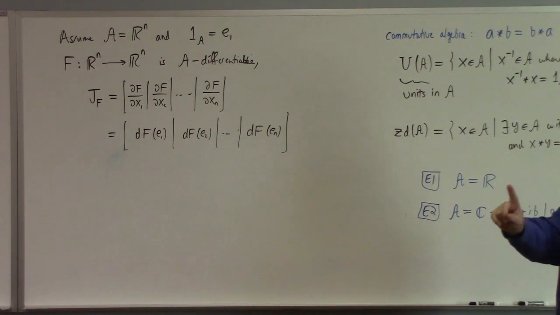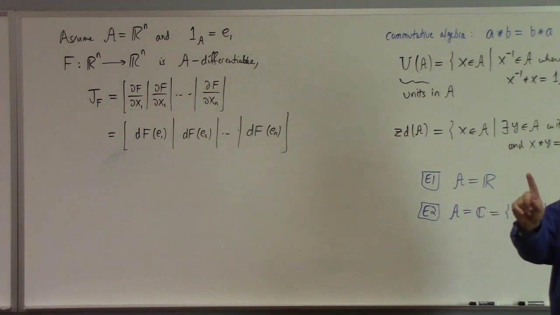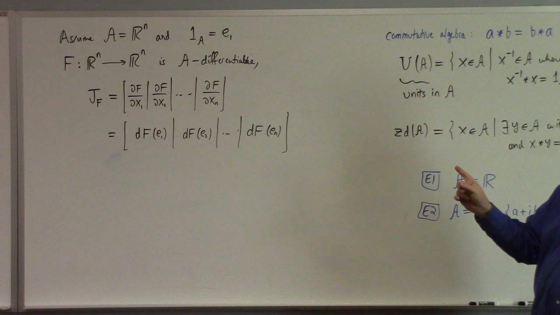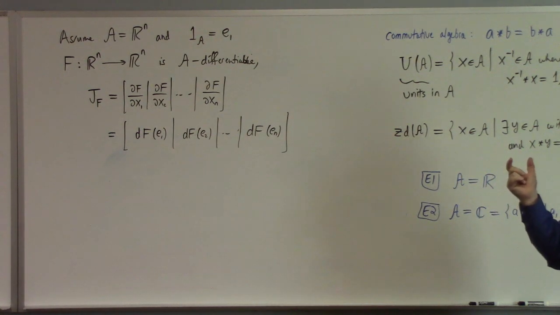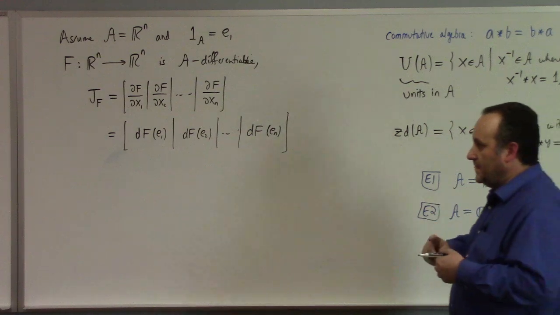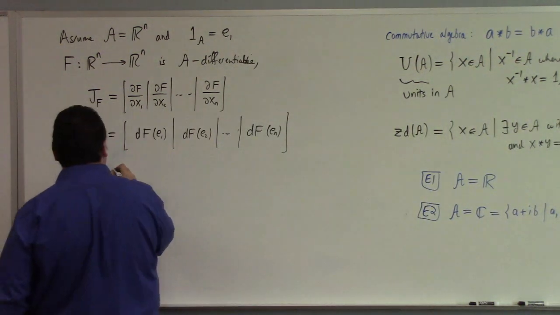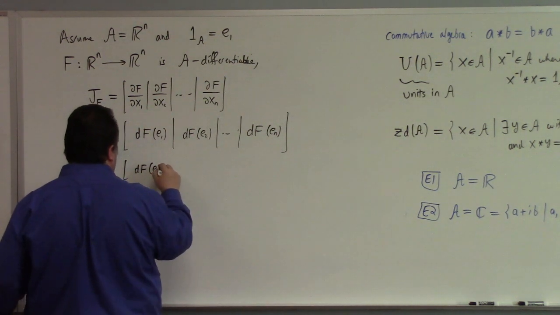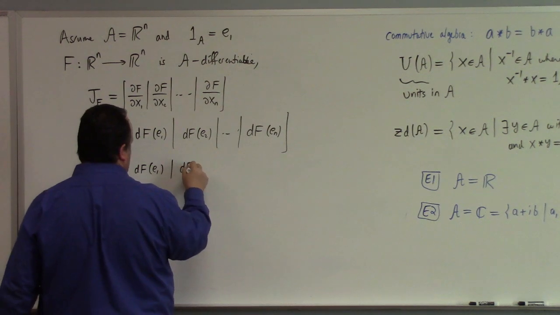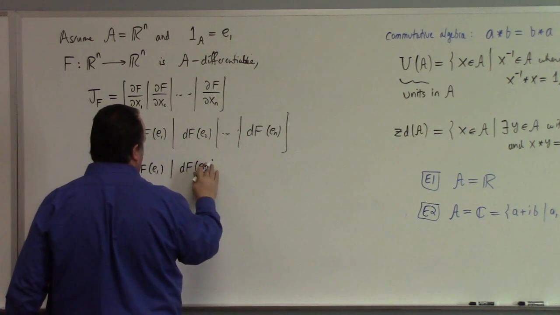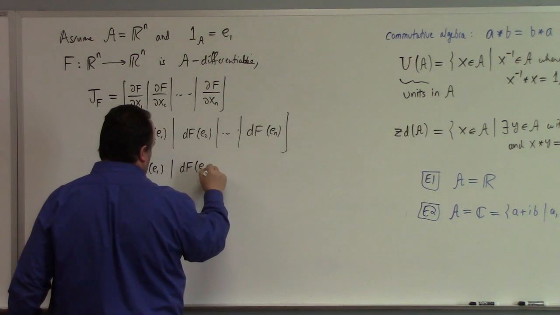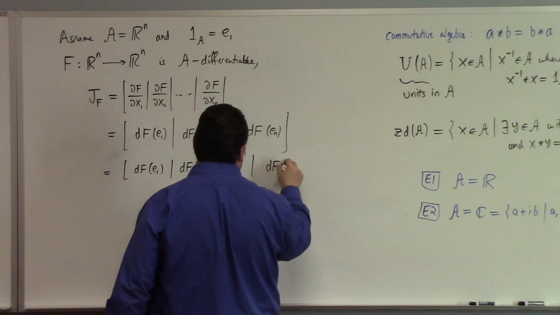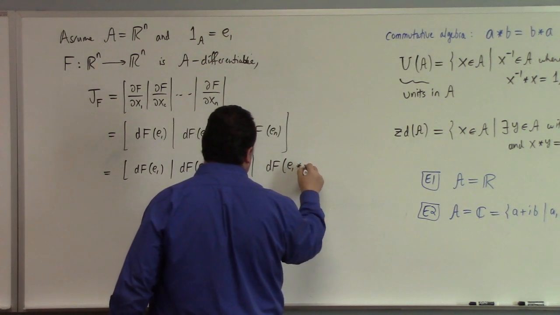But then there's something special we can do. Because we're assuming it's A-differentiable, we can use that to find a very special pattern that has to hold here. Notice that we have df of e1, and there's nothing really to say there. But this one is df of e1 times e2. Why is that? That's my unity.